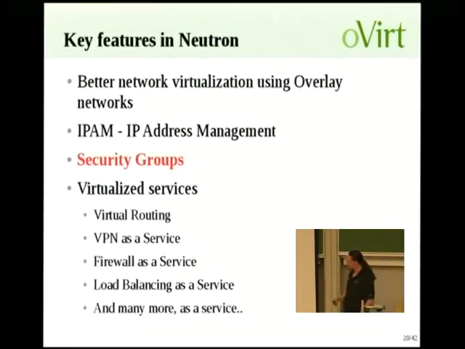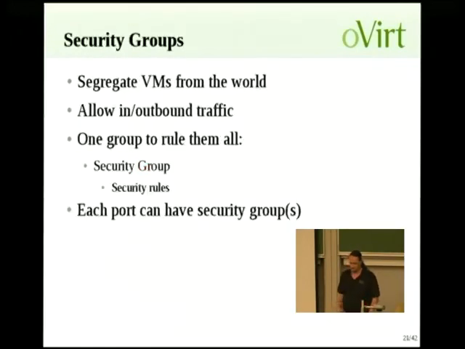And last of all, security groups. What are security groups? It's just a way to segregate your VMs from the outside world. By default, the VM will get no traffic coming into it, just return traffic if it initiated a session, and all outbound traffic is allowed. But you can control it.